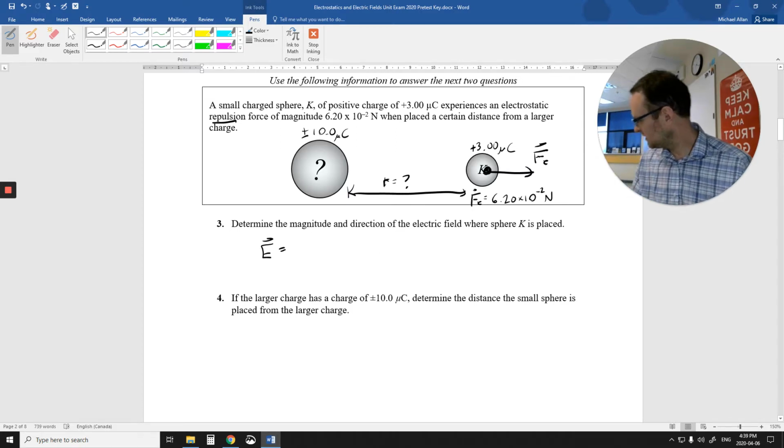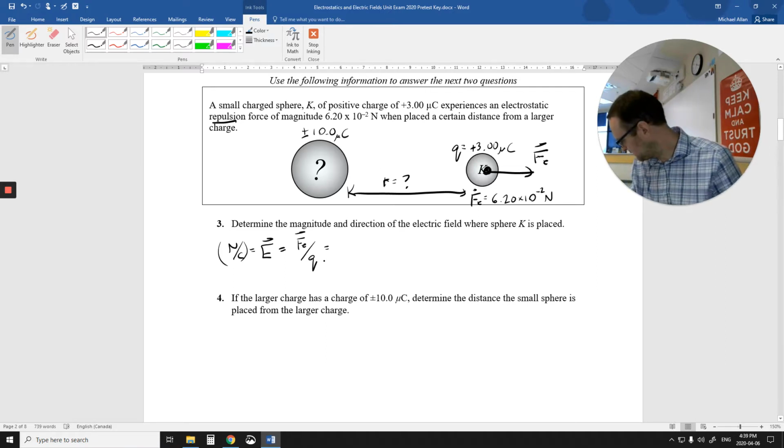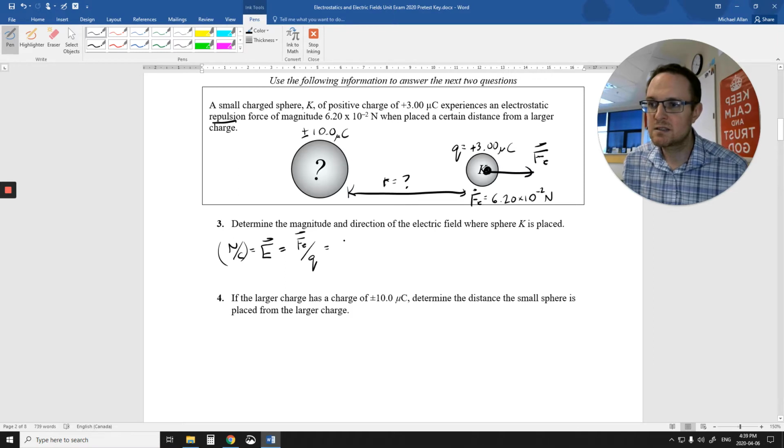So our electric field, pull out your formula sheet. Based on what information we have here, we have the Q, we have the Fe, so my electric field is going to be Fe divided by Q. Because remember, electric field is newtons per coulomb. It also has a direction to it, but that's the units of it. It's just on the formula sheet too. So we're just going to put our 2 numbers in here: our 6.2 times 10 to the negative 2 and our 3 times 10 to the negative 6 coulombs.